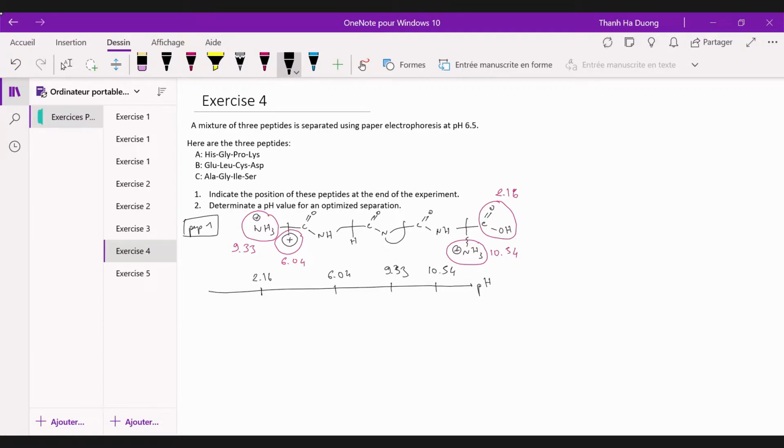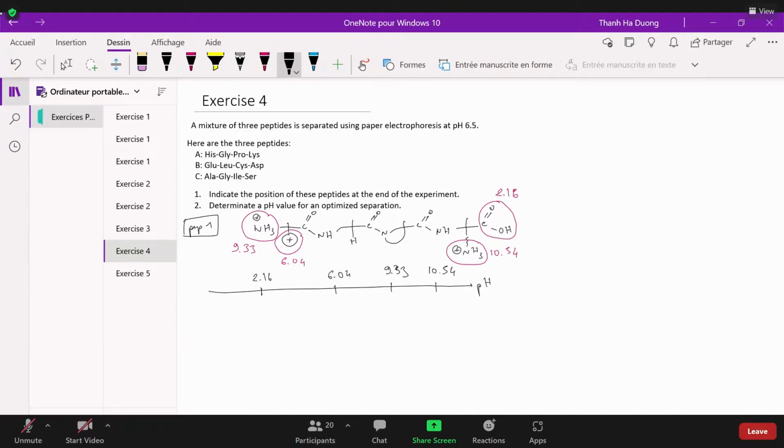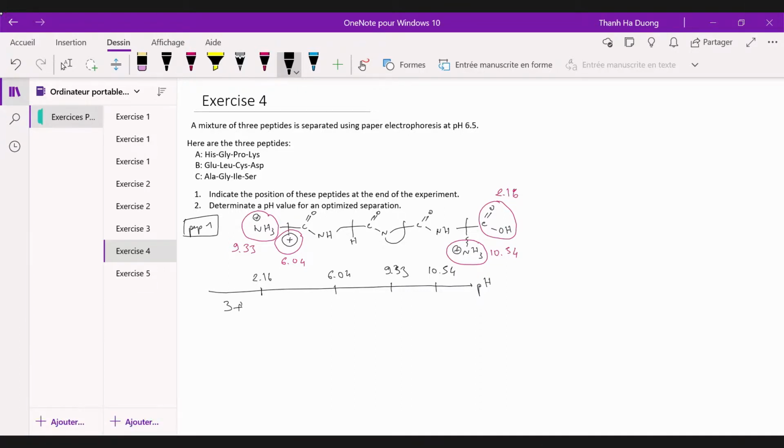Okay? At low pH, I have a peptide which has 3 plus here, here, and here. So it has 3 plus. Each time the pH crosses a pKa, the peptide loses a proton.